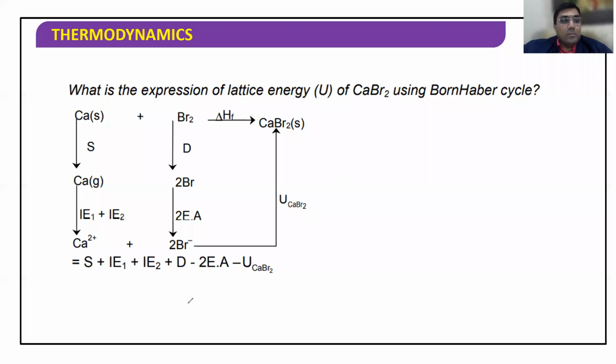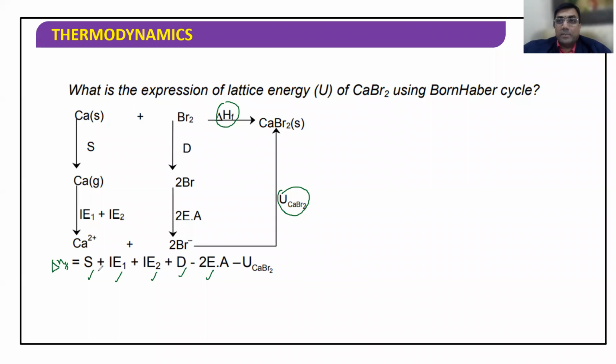Now, sublimation energy plus ionization energy 1, ionization energy 2, dissociation energy and electron affinity. Finally, lattice energy. This is lattice energy, minus U. This is one step, heat of formation, delta HF. Whether the reaction takes one step or a series of steps, it is the same.